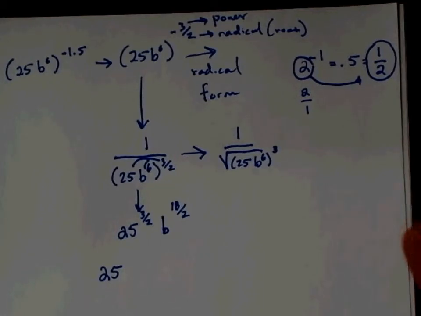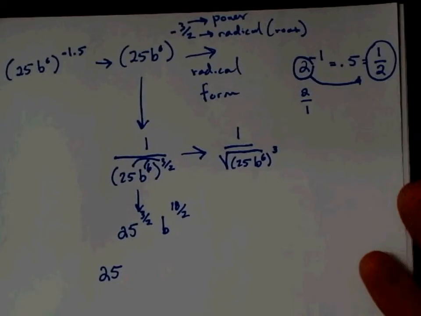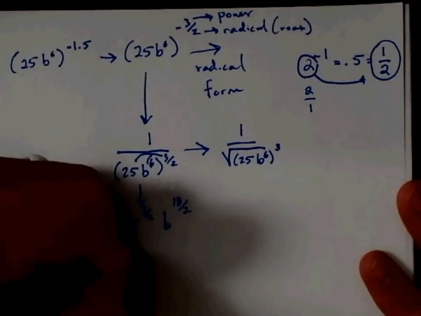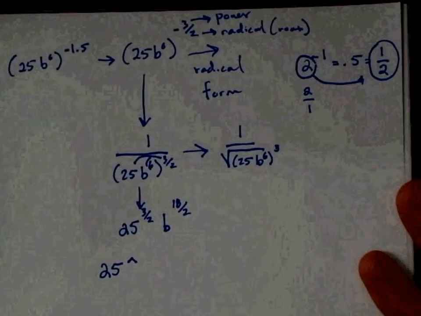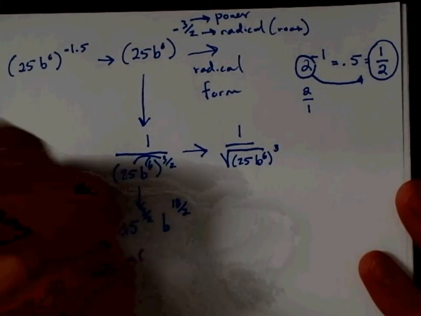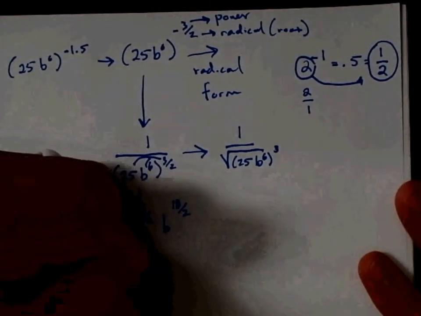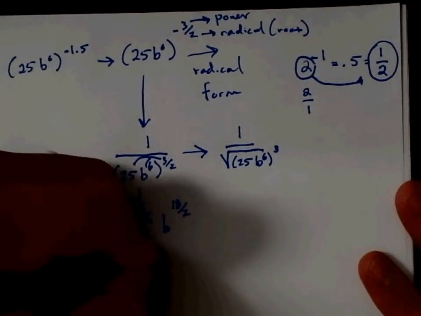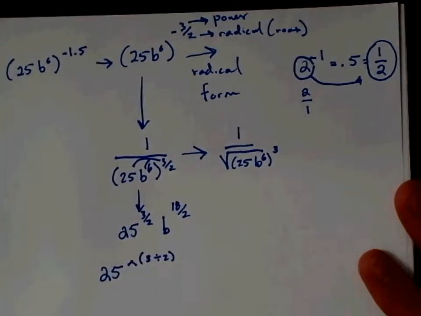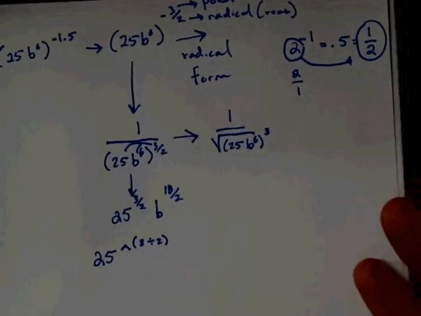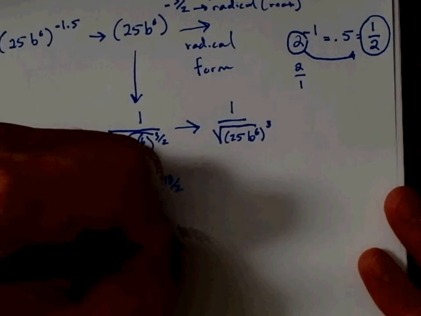Okay? So I want you to type this in your calculator. You got a clear calculator? 25, caret, parentheses, 3 divided by 2, close parentheses, making it a fractional exponent, and hit enter.